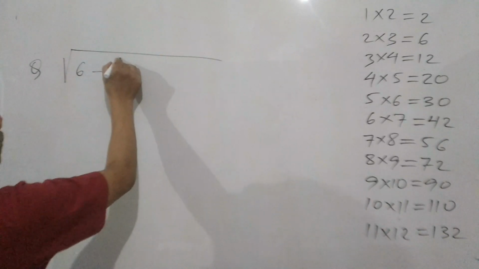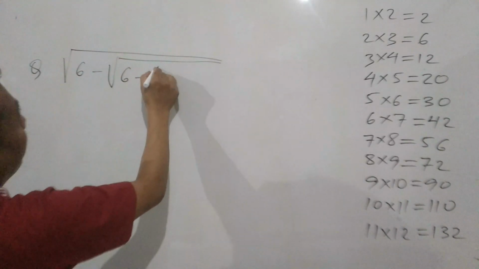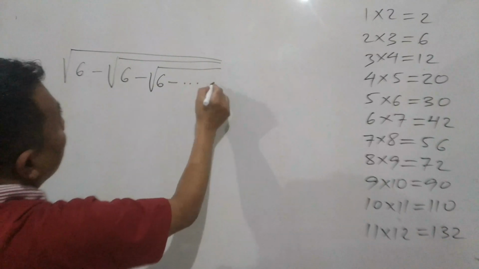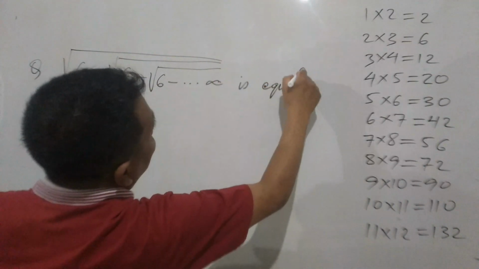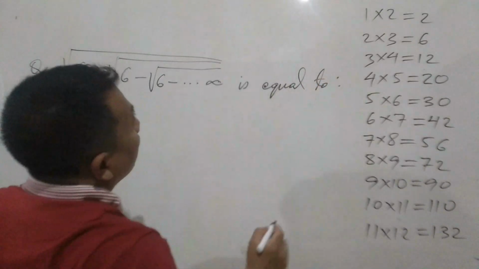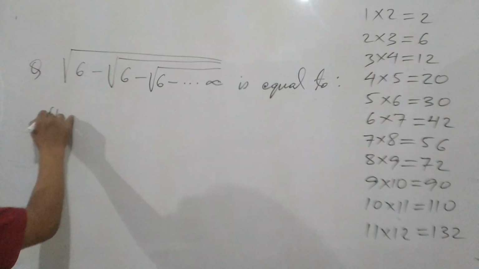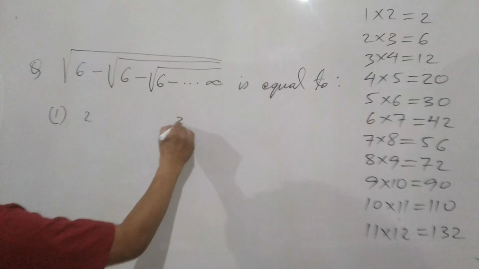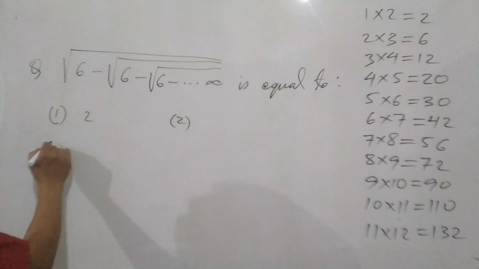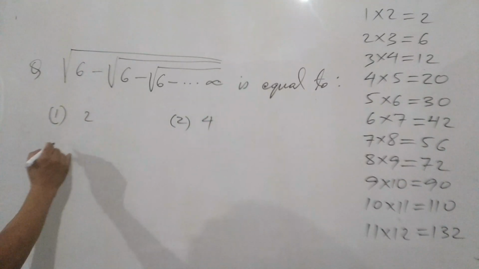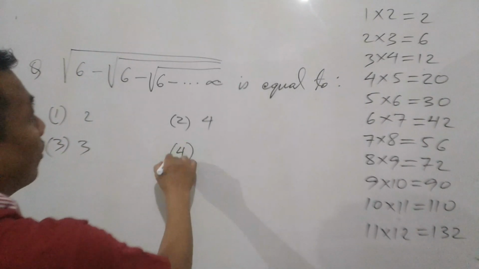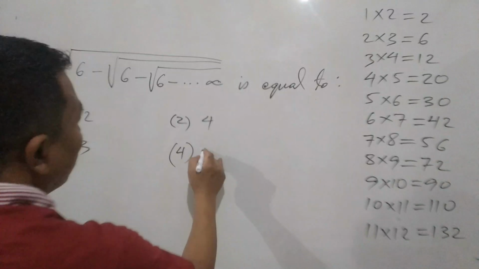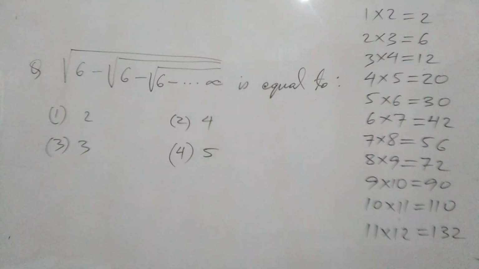6 minus root over 6 minus root over 6 minus, up to infinity, is equal to what?